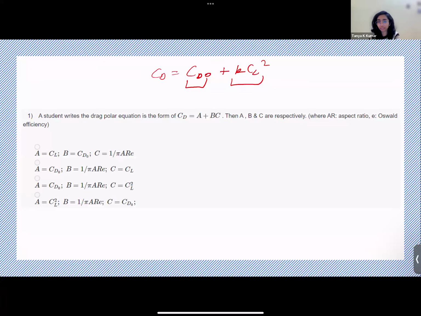What types of drags? We had discussed this also, right? How are they different? What are their names?